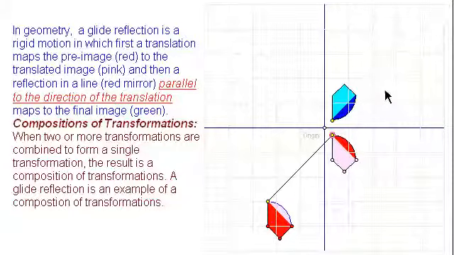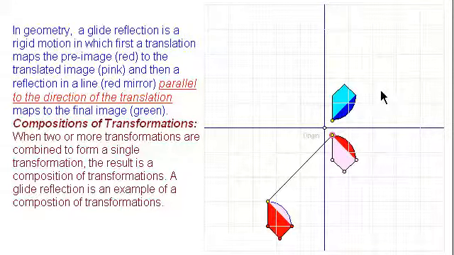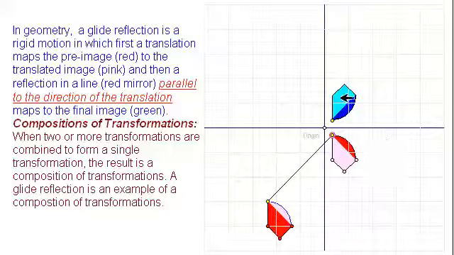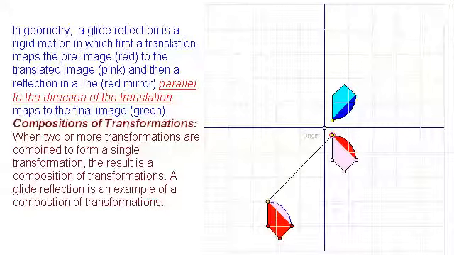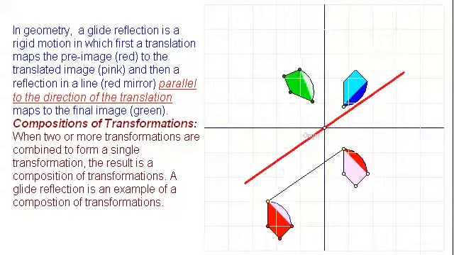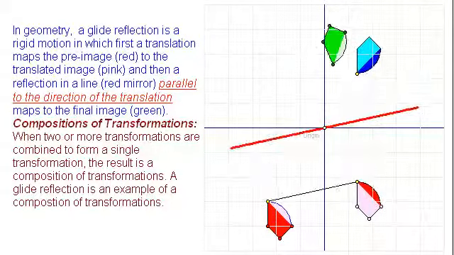So is this blue image a glide reflection? No, it is not a glide reflection, because the reflection is not across the line of reflection which is parallel to the line of translation. So this is not a line of reflection. Even if I change the direction, you can see it here.